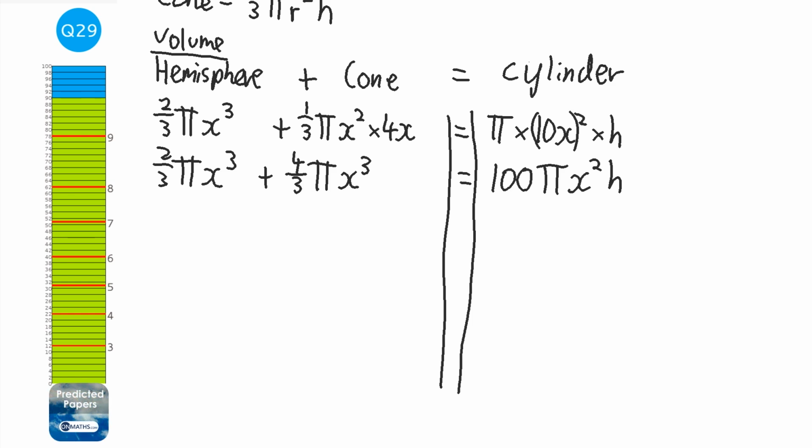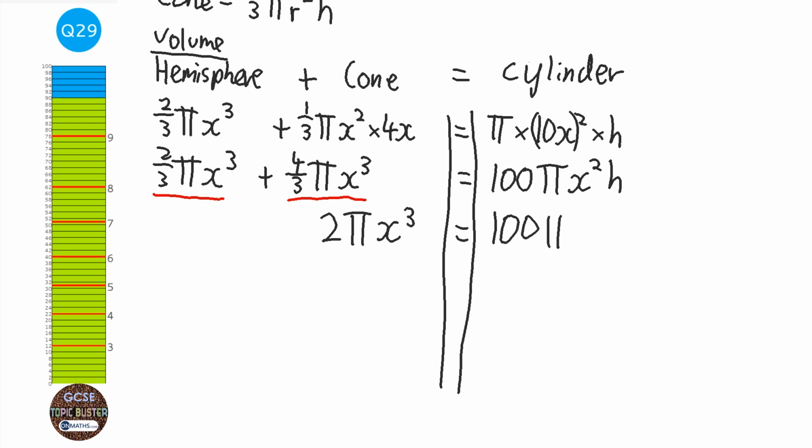Now if you notice on the left hand side, these two here are the same, they're both pi x cubed, so we can just add them together. So it's going to be 2/3 plus 4/3, so that's 6/3, or just 2, so it's going to be 2 pi x cubed equals 100 pi x squared h.